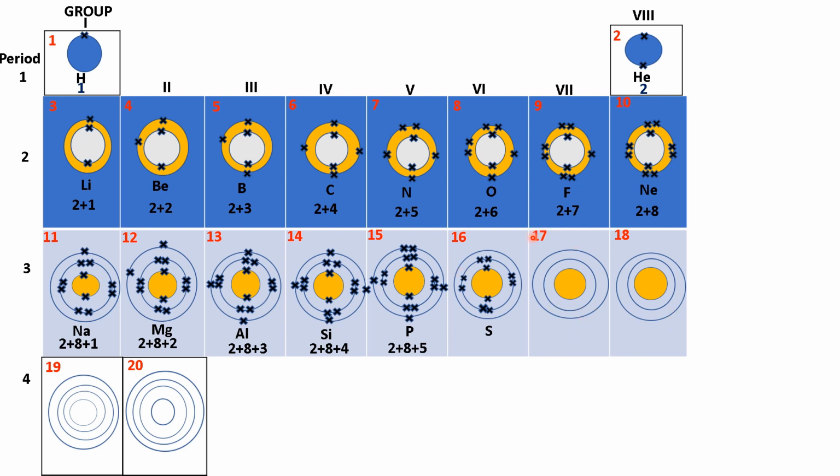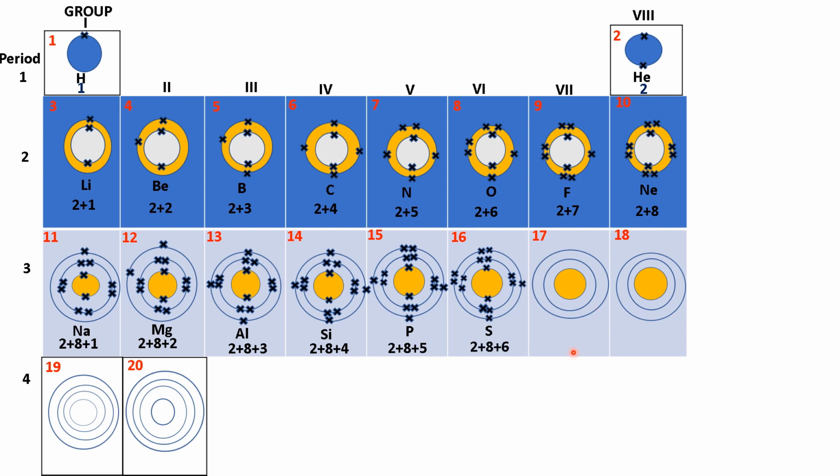Chlorine atom, which has atomic number 17. So we make distribution of 17 electrons: in the first shell, 2 electrons; in the second shell, 8 electrons; in the third shell, the remaining 7 electrons.